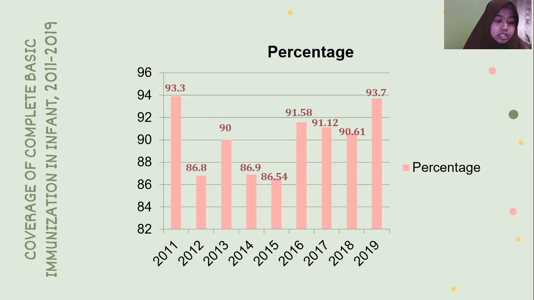The districts or cities that reach 80% of complete basic immunization for infants up to 2017 tend to increase, but in 2018 it decreased to 72.76%. In the year 2019, there are 73.74% of districts or cities that have achieved 80% of complete basic immunization.